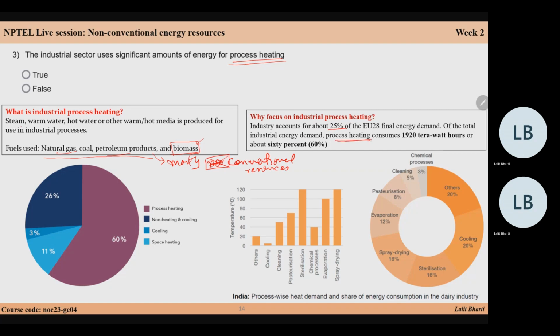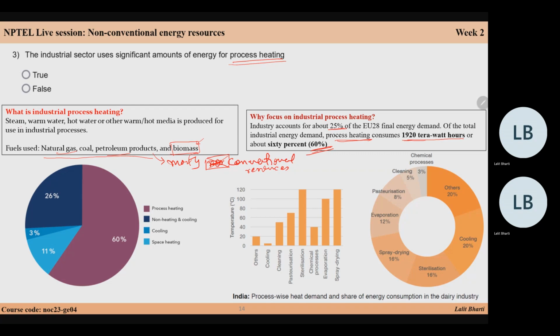The process heating consumes 1,920 terawatt hours of energy, which is around 60% of total industry energy demand. So we can see it is a very huge amount of energy.